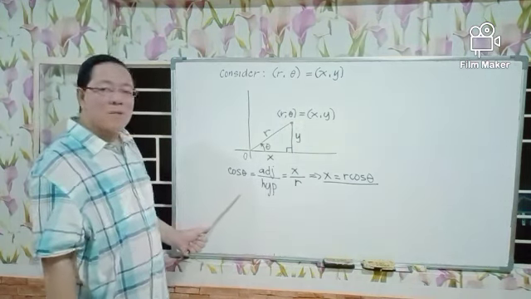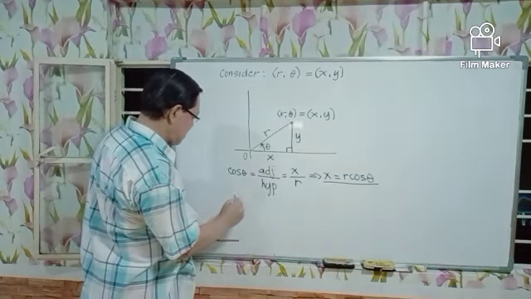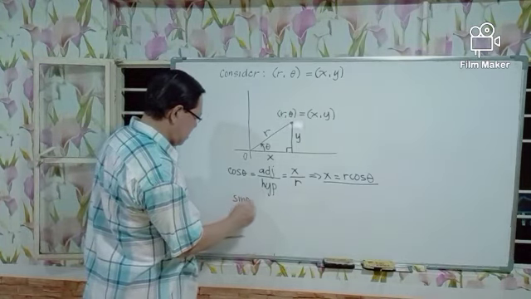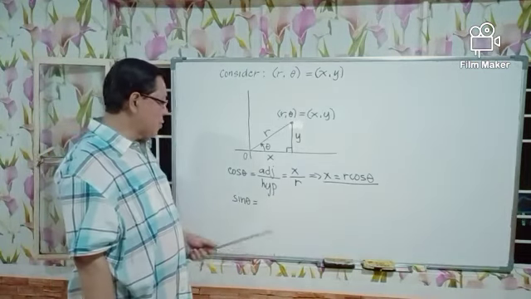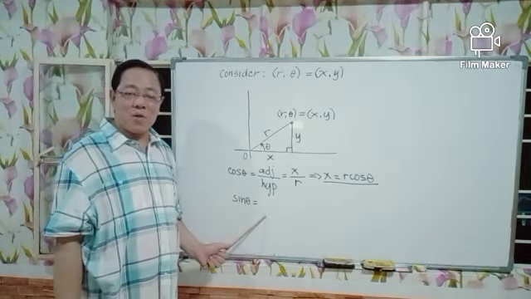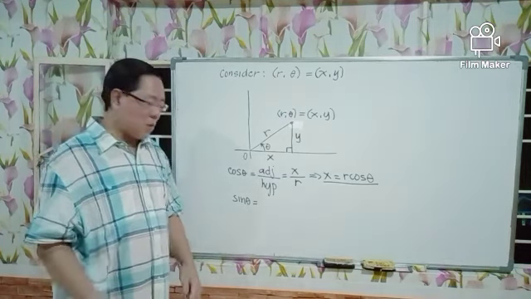Now we also write the value of sine theta. The value of sine theta is equal to the ratio of the side opposite theta and the hypotenuse.